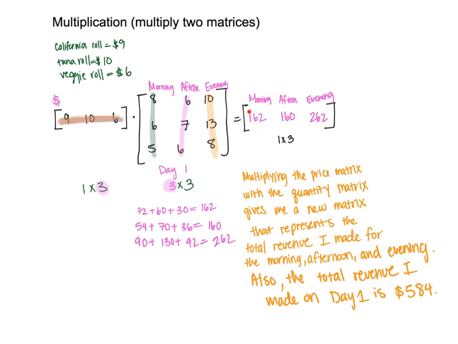As you can see, this represents the total that I made in the morning, afternoon, and evening. I also said that the total revenue I made in day 1 is 584. If you're wondering how I got this number, all I did is because I knew all 3 revenues, I added the morning, afternoon, and evening together and got how much I made on day 1. That's all. So I added this up and got this number. And that's something I can add to my explanation here.